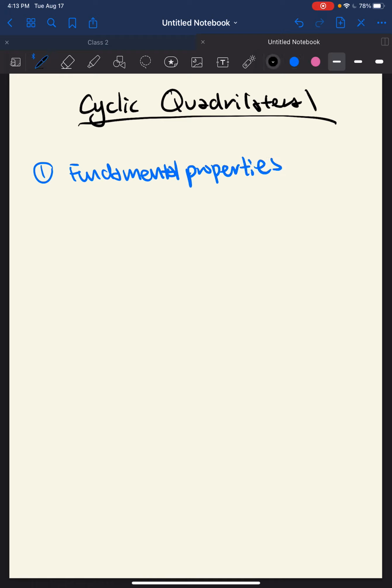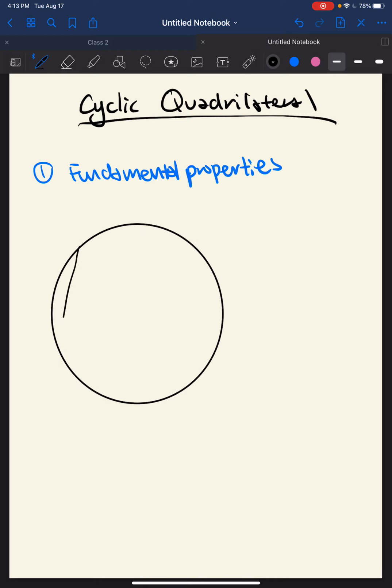So first of all, the definition of a cyclic quadrilateral. If I have a circle and there is a quadrilateral inside, which is ABCD, ABCD is defined as a cyclic quadrilateral.